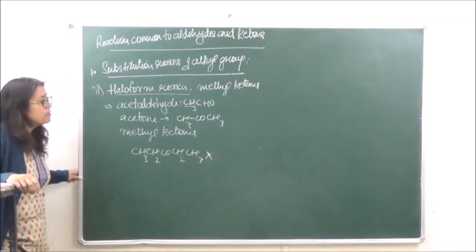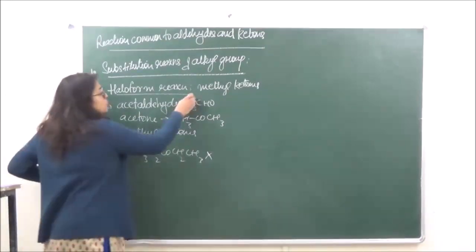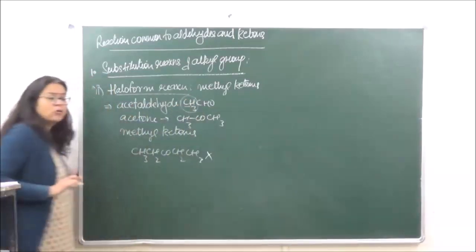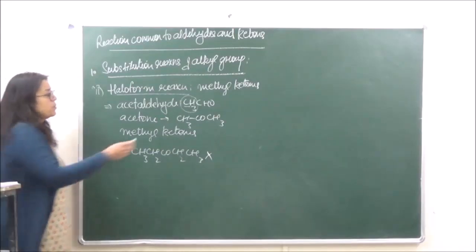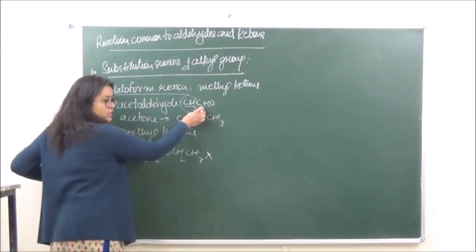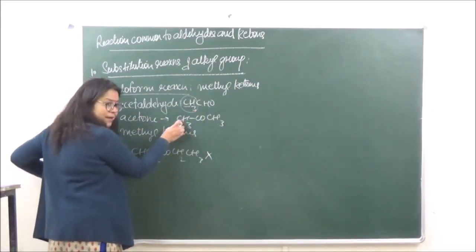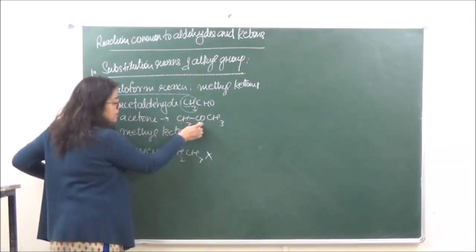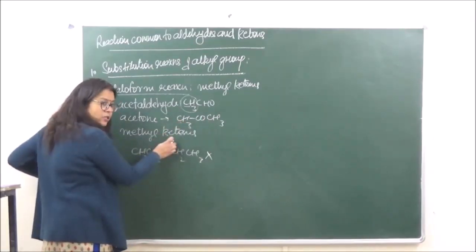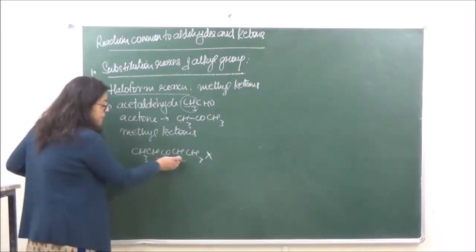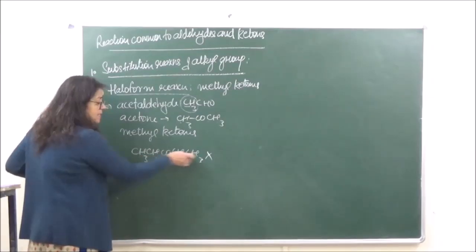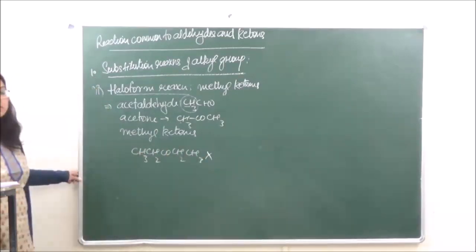For any compound to give the haloform test, the methyl group should be present adjacent to the carbonyl group. You can see over here there's one methyl group present with C double bond O. Over here also there's a methyl group present with C double bond O. All the methyl ketones which have at least one methyl group present will give it. But if there is no methyl group present, then that is not going to give this test.